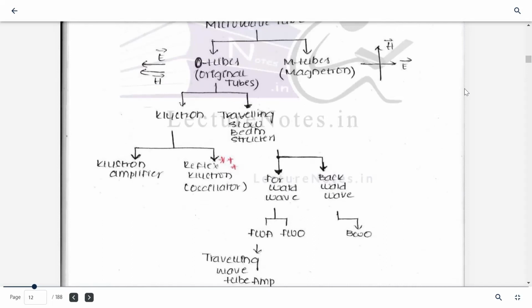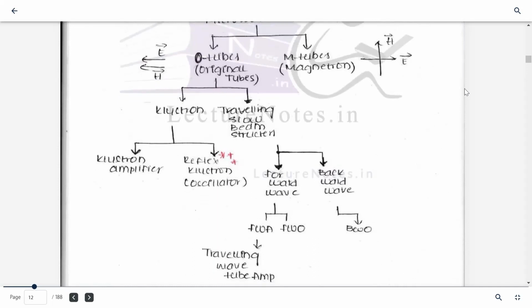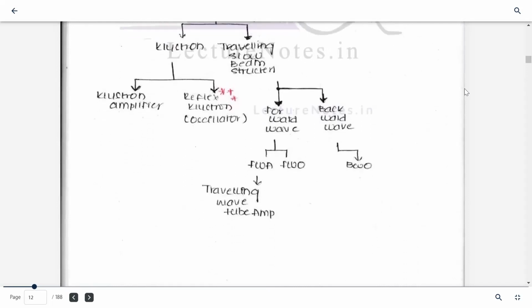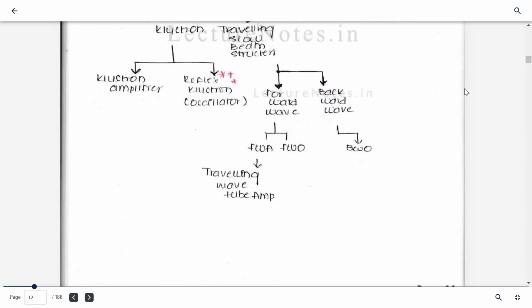Two cavity klystron is used as a low power microwave amplifier, whereas reflex klystron is used as a low power microwave oscillator. So today we are going to discuss the reflex klystron, which is a very important question.